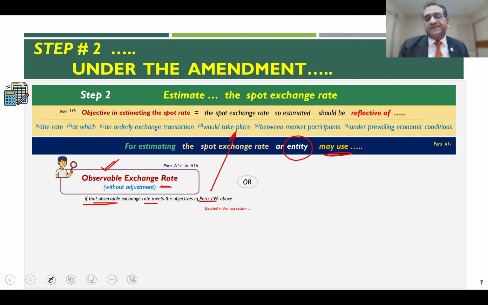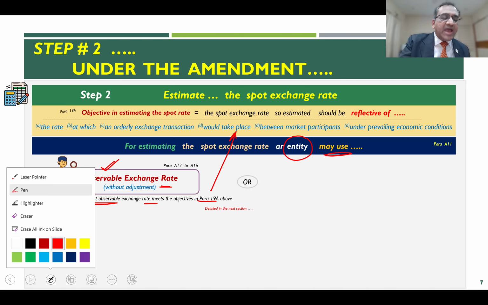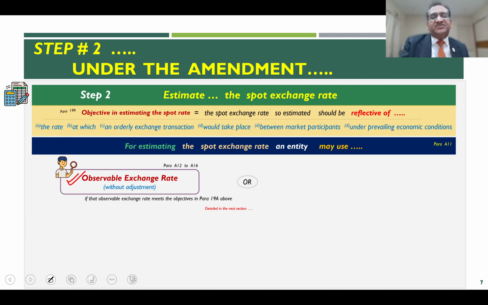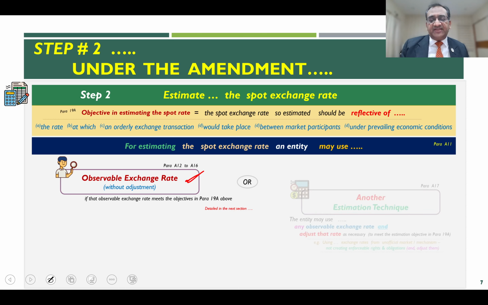So, if you have some observable exchange rate which meets the objective of paragraph 19A, then the standard says you can use such observable exchange rate, and for which you will need to apply the guidance given in paragraph A12 to A16. This is something which we'll again detail in the next section along with the case studies.